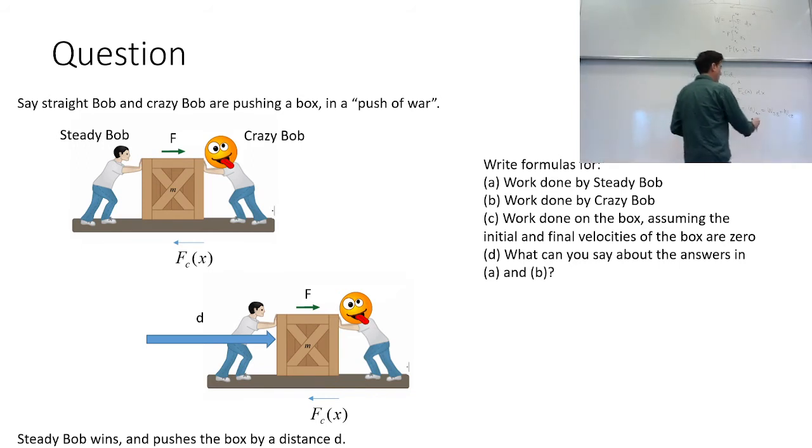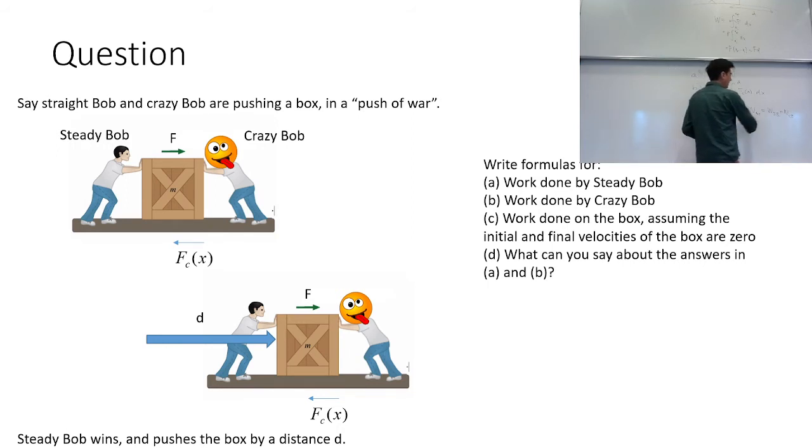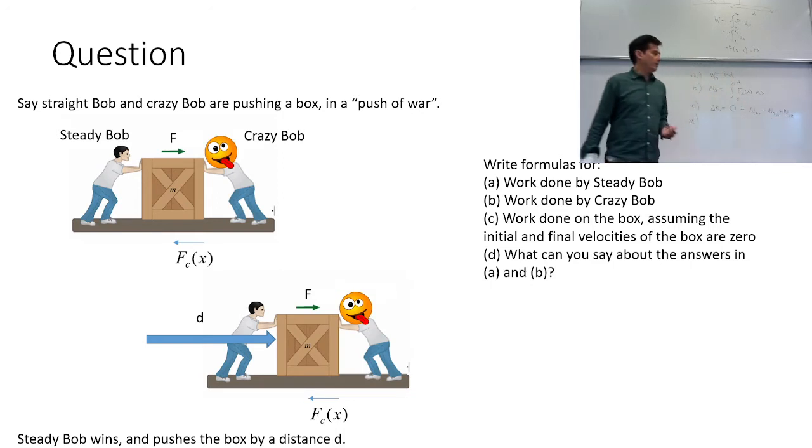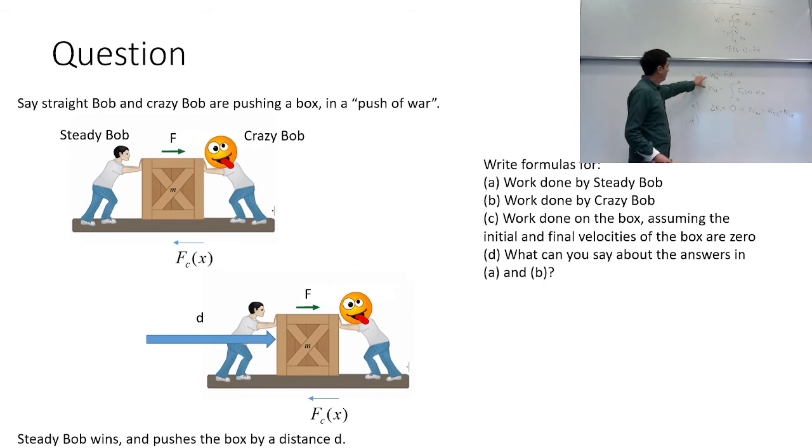So those two forces each contribute to some work. And the total of that is basically the change in the energy bank account. So, from this, what can you say about the answers in A and B? What can you say about these two?